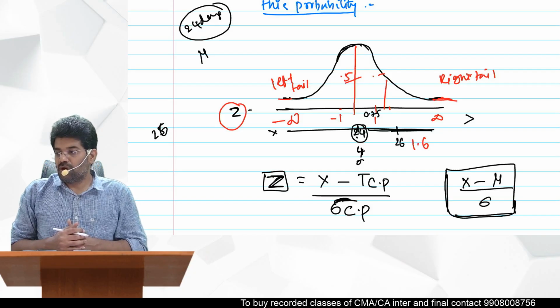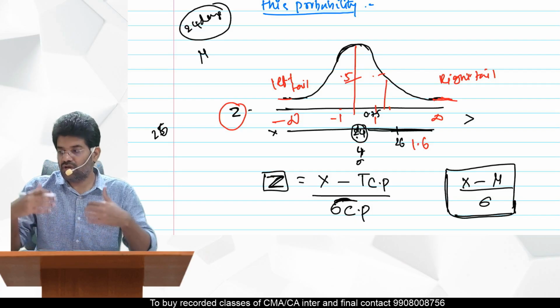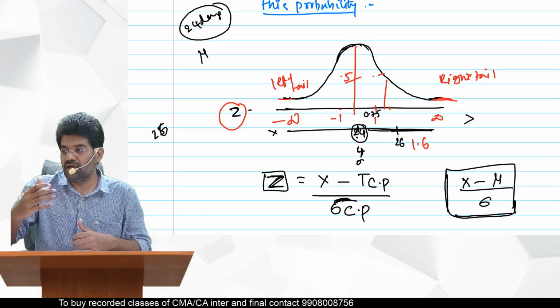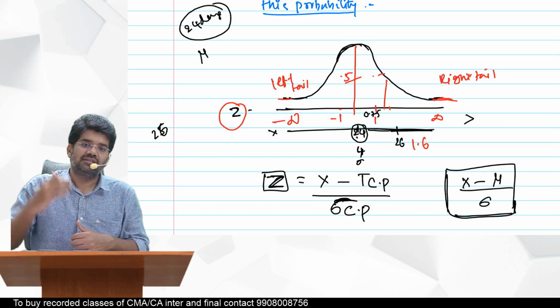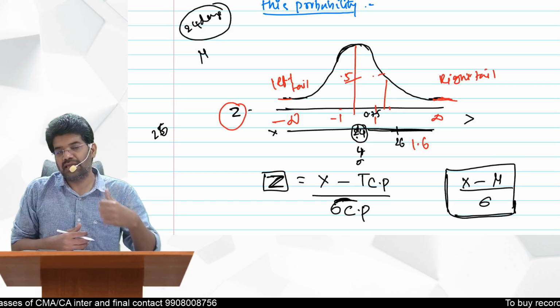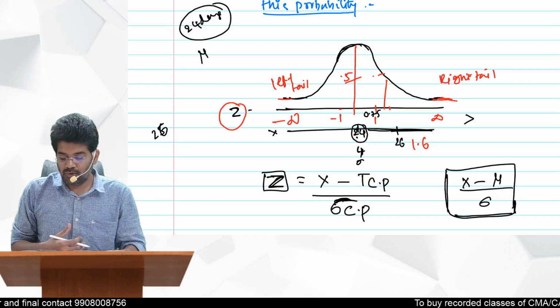What is the probability for 26 that I want? I need to calculate the Z value for 26 first. Then, based on the Z value, looking at the normal distribution table, we can calculate the probability.